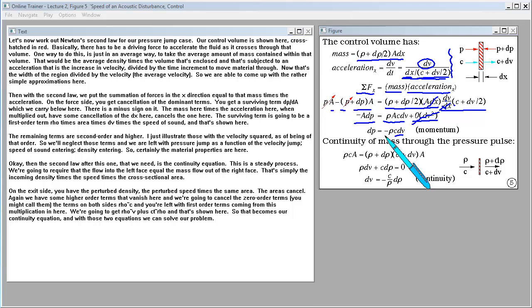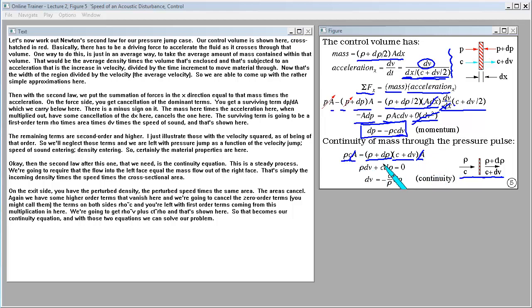Okay, then the second law after this one that we need is the continuity equation. This is a steady process. We're going to require that the mass flow into the left face equal the mass flow out of the right face. And that's simply the incoming density times the speed times the cross-sectional area. On the exit side, you have the perturbed density, the perturbed speed, times the same area. The areas cancel.